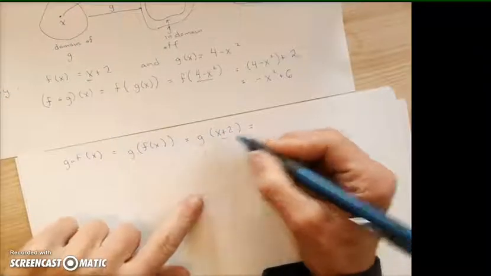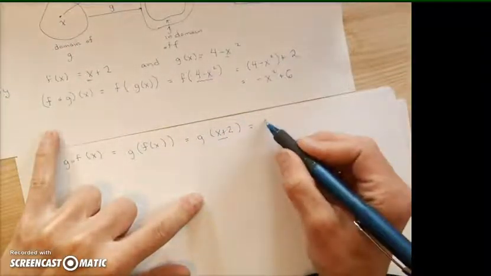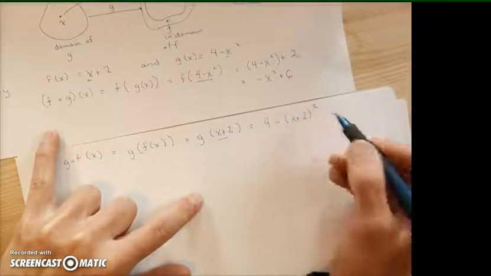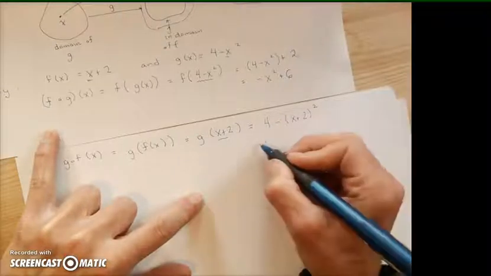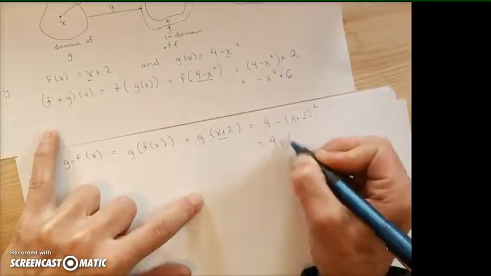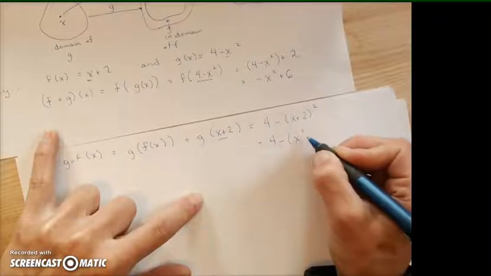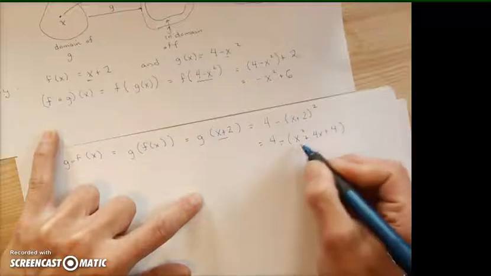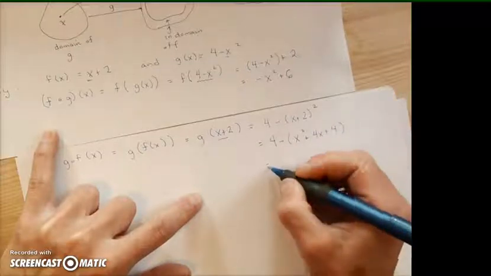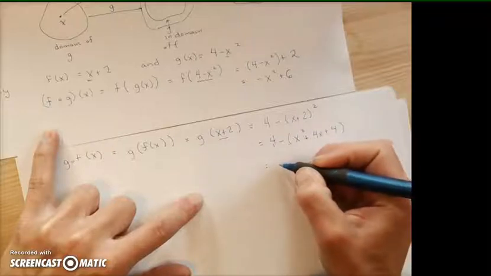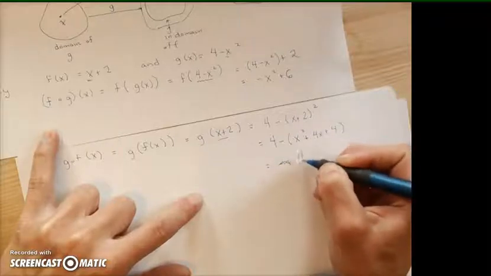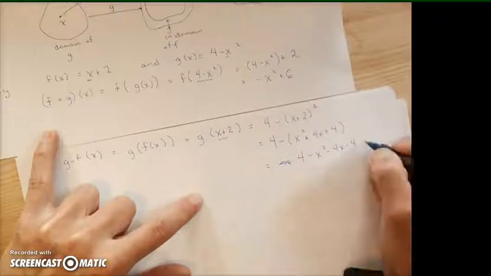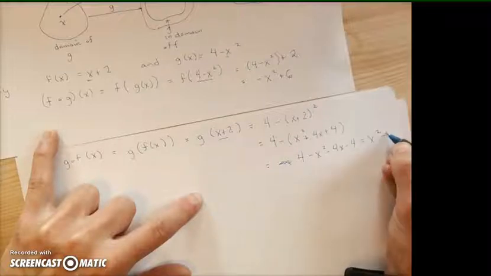So that means I use x plus 2 instead of x. 4 minus (x plus 2) quantity squared. And I could multiply this out. This will give me 4 minus (x squared plus 4x plus 4). Now if I distribute this minus to everything, I end up with, well, I'll do it in more than one step. 4 minus x squared minus 4x minus 4, which is just negative x squared minus 4x.